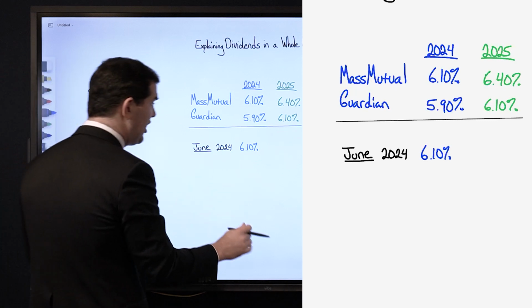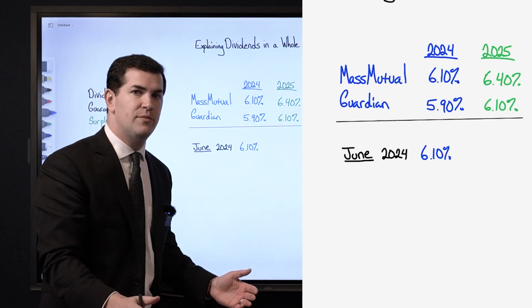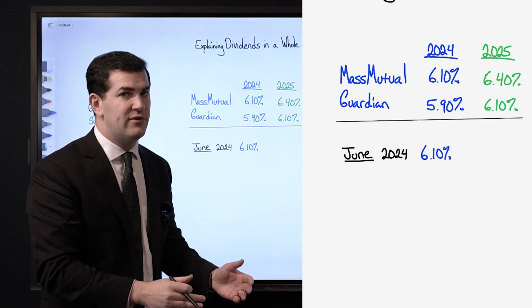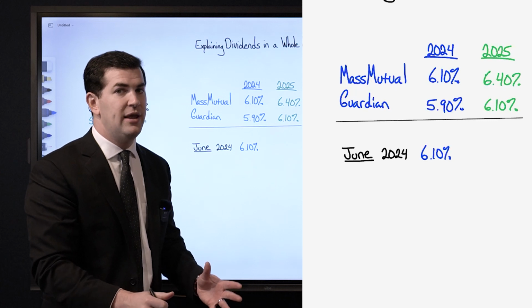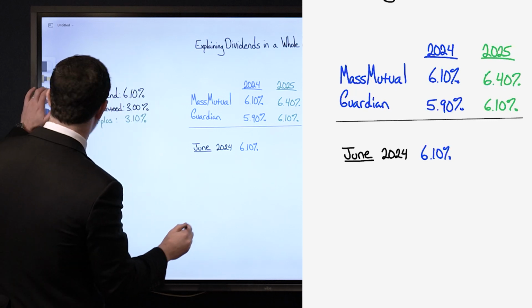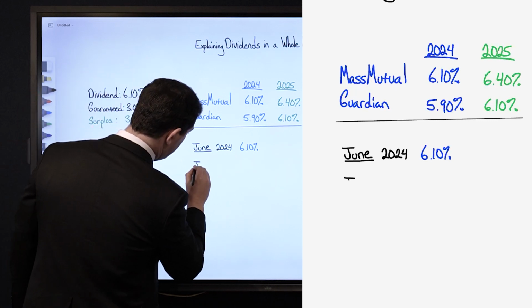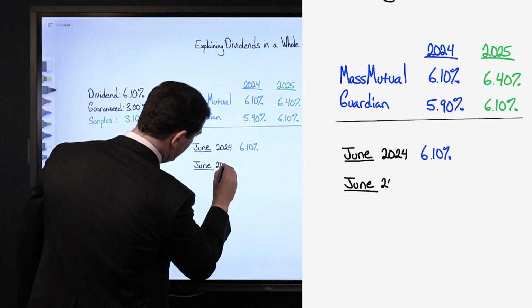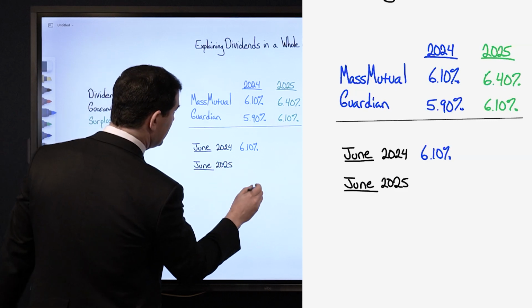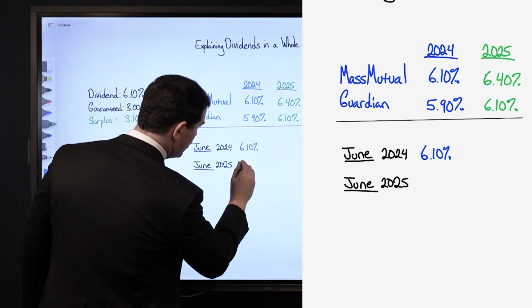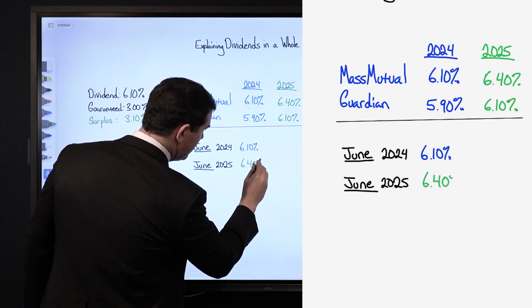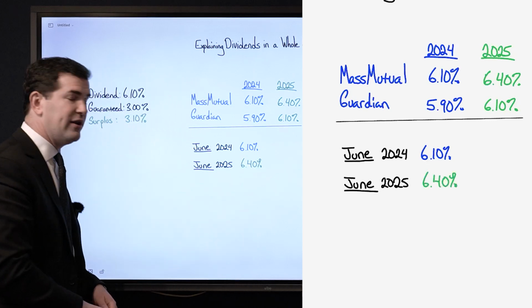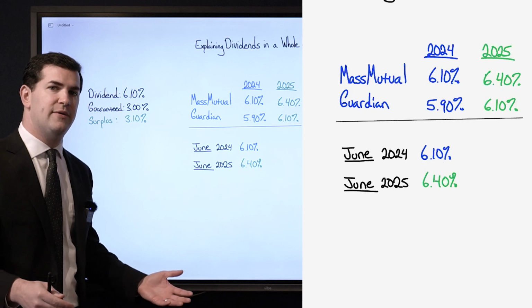Now, when January 2025 hits, you do not get the updated dividend rate at that point in time. It's on your policy anniversary date, which would be June of when? 2025. At that point in time, you'd begin to receive the 2025 dividend interest rate of 6.40%.